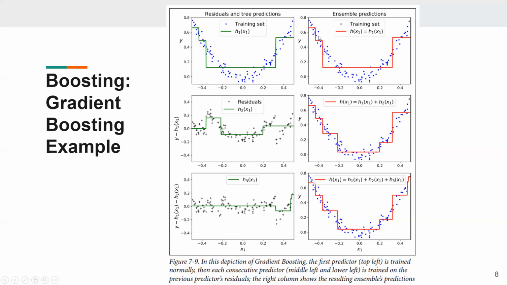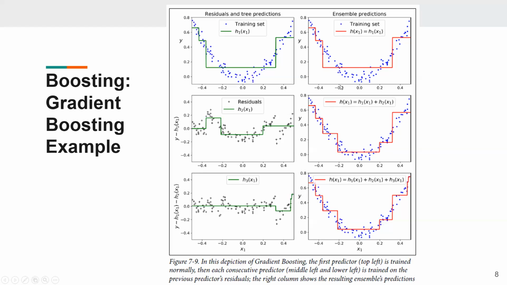And then the first one doesn't make any change just because it's just one model so far, right? And then the second model is the addition of h1x1 plus h2x1. Specifically, let's use some examples to show you.